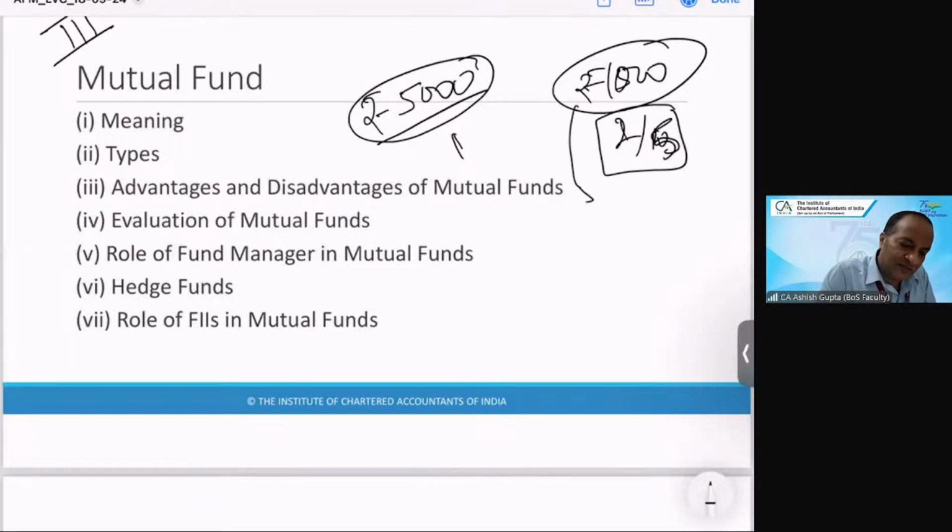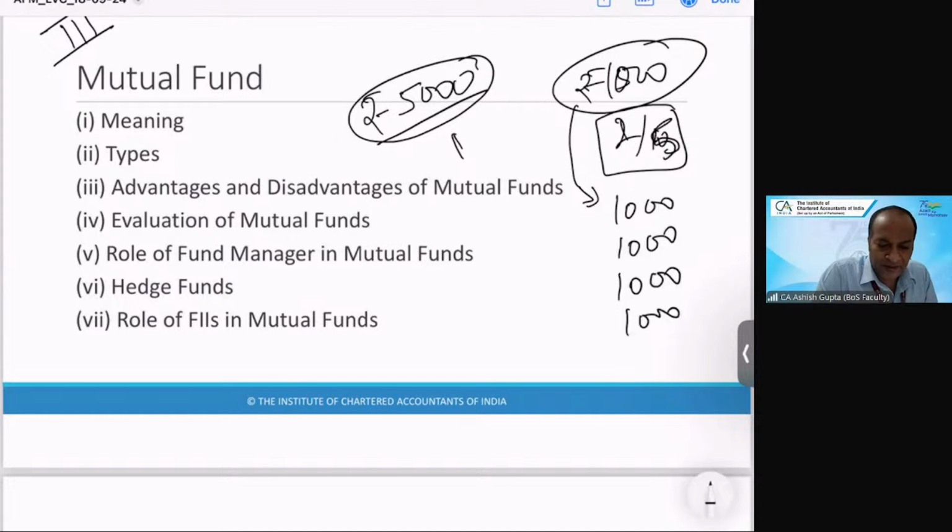Suppose you express your desire before a friend in your office. Your friend may have the same desire. Similarly, five of you combine together. Ultimately, you say, of course, we cannot buy fractional shareholding, but what we can do is combine our money.